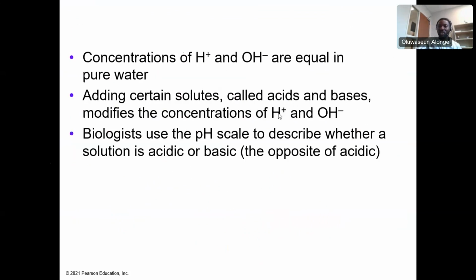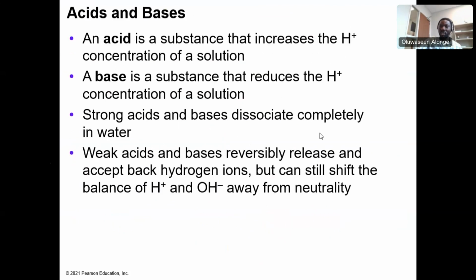So this H plus is acidity, OH minus depicts basicity. An acid is a substance that increases H plus, whereas a base is a substance that reduces H plus or increases OH minus. So you want to look at it that way. An acid is a substance that increases H plus, the hydrogen ion, or reduces OH minus, the hydroxide ion.